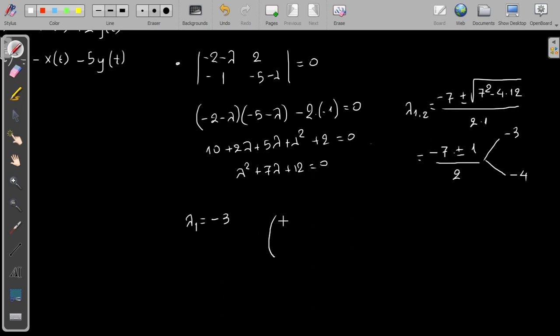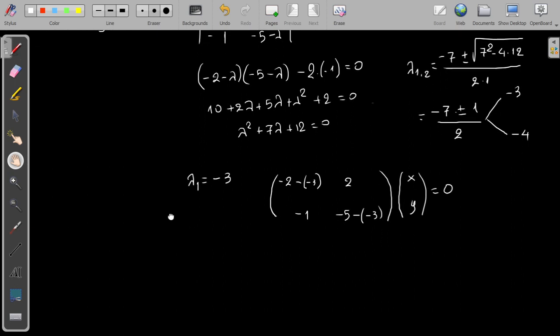Now it will be minus 2 minus minus 3, 2, minus 1, minus 5 minus minus 3. Now this matrix times my x, y values should be 0 to see which eigenvectors produce my whole space.